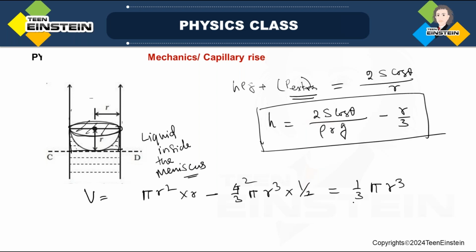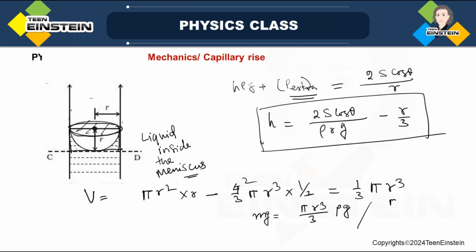This is the volume, and what will be the mass? Mass will be pi r cube by 3 into rho. And what will be the force due to this? And what will be the extra pressure? That will be divided by the cross-sectional area of this capillary tube itself.